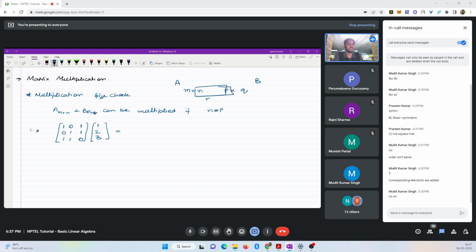That is, the number of columns in A is equal to the number of rows in B. If this holds, then only you can multiply two matrices.